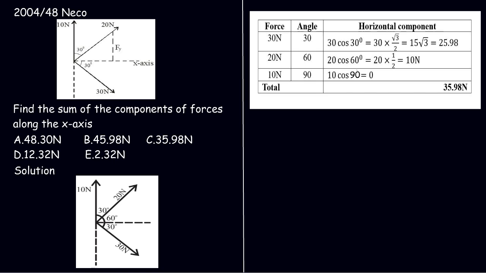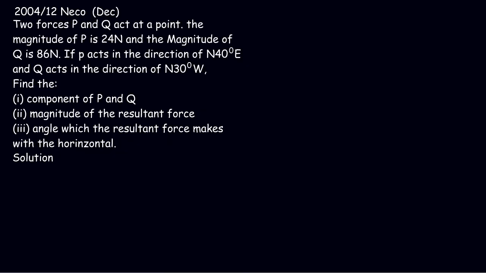And for our 10 Newton force with the angle of 90 to the horizontal, it becomes 10 cos 90, which is equal to 0. Now adding all our forces, it will sum up to 35.98 Newton, which is our final answer, C.